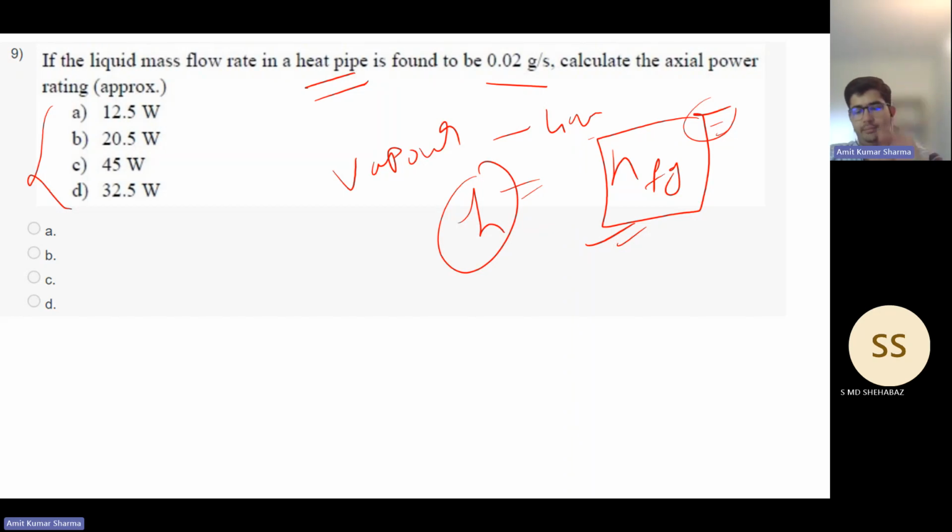Any idea? I have given you a very big hint about HFG.